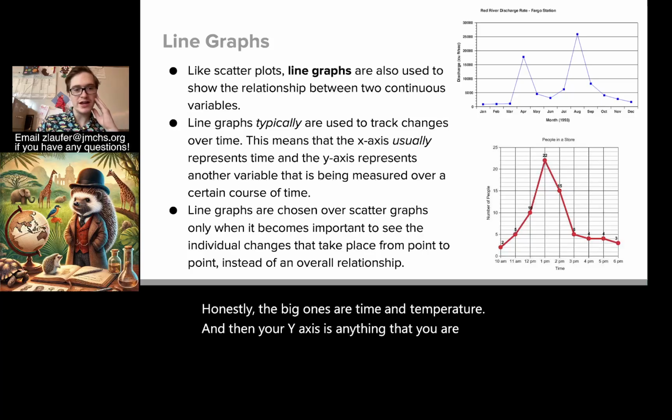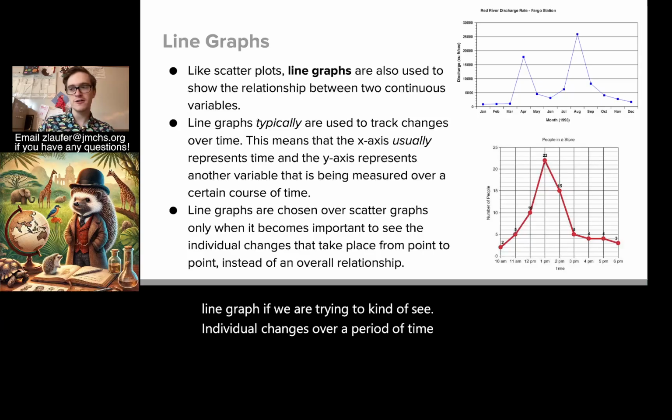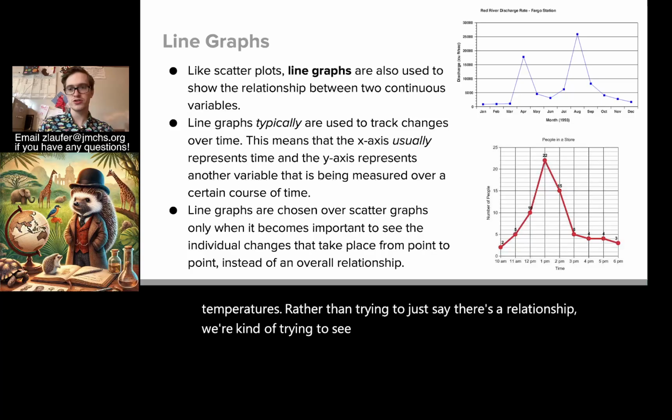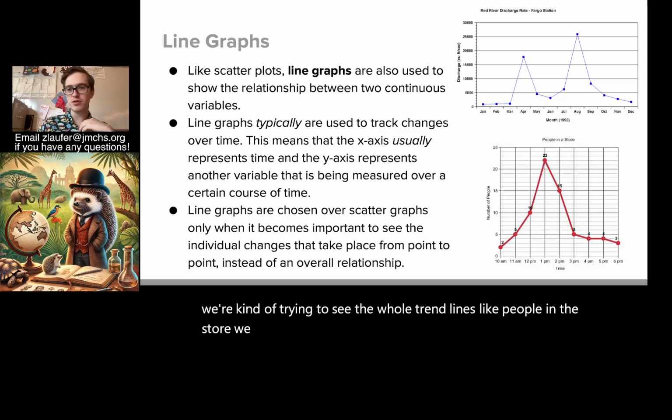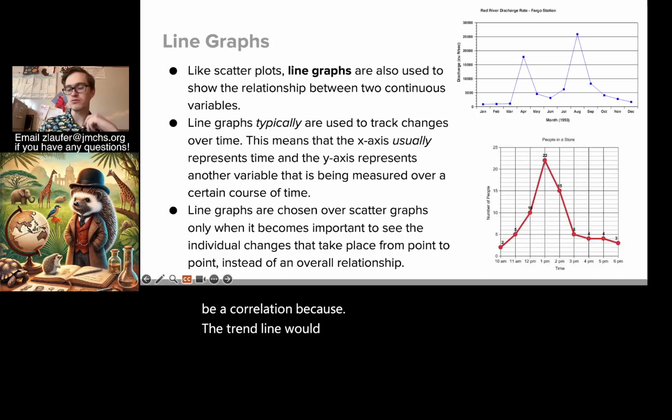We use a line graph if we are trying to see individual changes over a period of time or over a range of temperatures, rather than trying to just say there's a relationship. We're trying to see the whole trend line. So like people in the store, we couldn't do a scatter plot here because there wouldn't be a correlation, because the trend line would change halfway through.